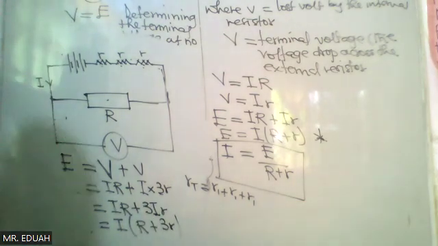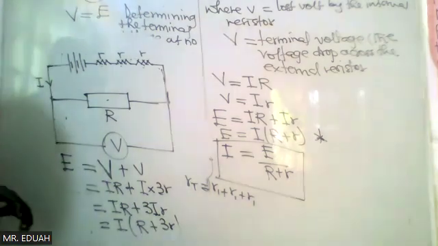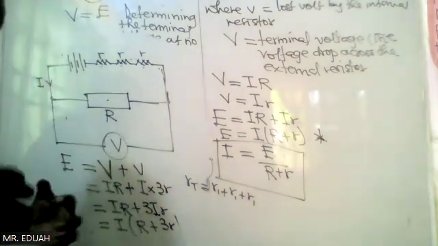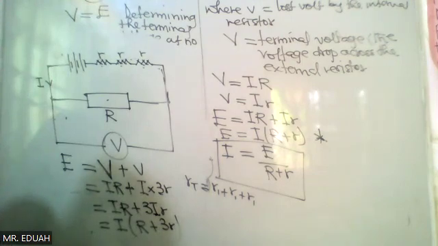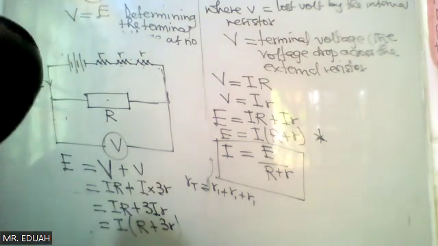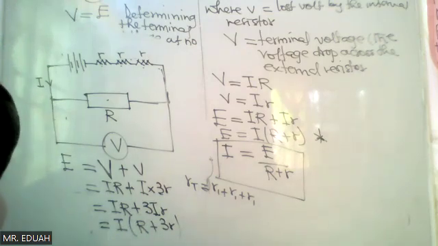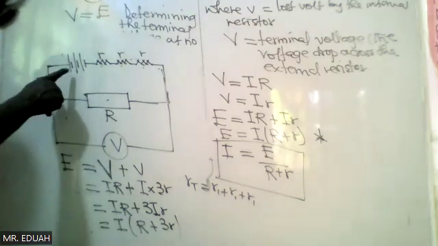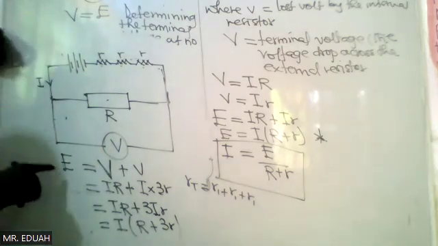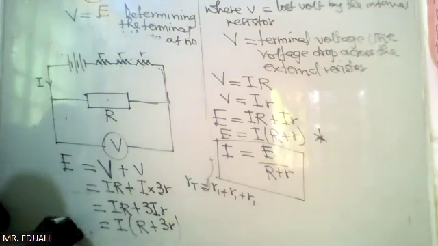Now, the EMF too: when you have batteries connected in series, the total EMF is always an addition of the individual EMFs. Because we have 3 batteries, the total EMF will also be 3E.